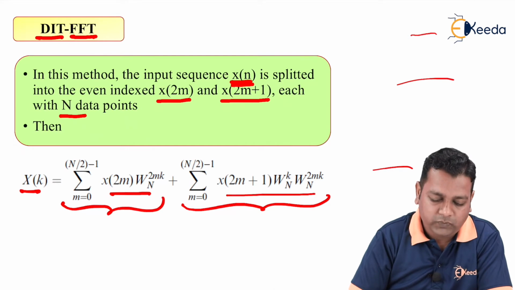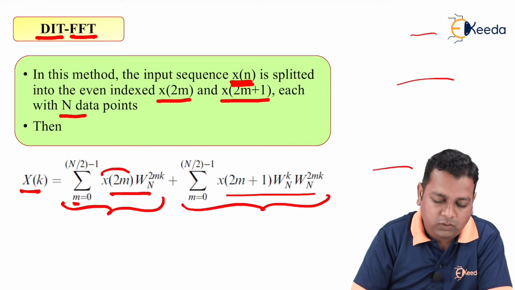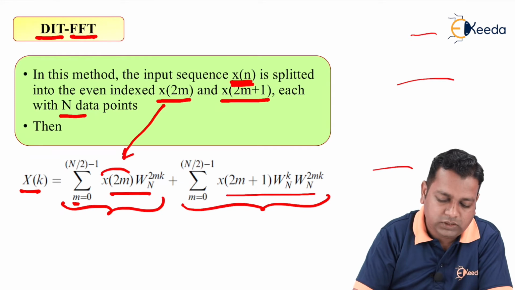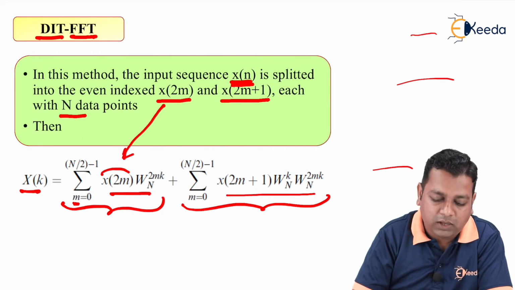The first summation is for the index m equal to 0 to capital N by 2 minus 1 over x of 2m, multiplied by the twiddle factor W suffix capital N to the power 2mk.